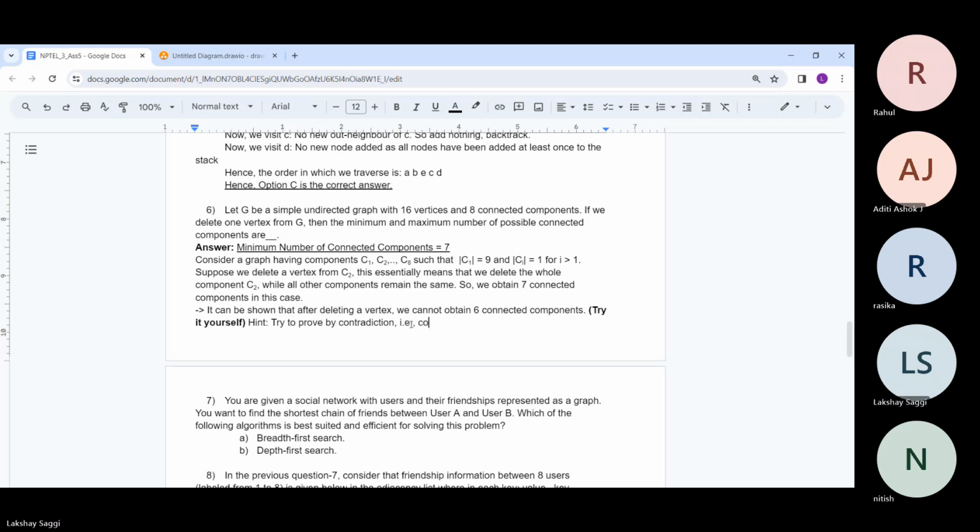That is, consider that there exists a vertex V in a graph G such that G minus V has six connected components, but G has eight connected components.